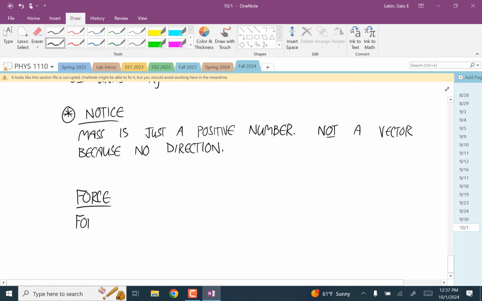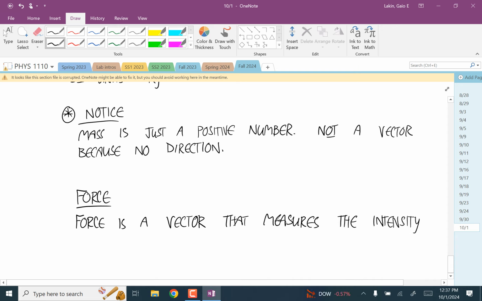And force is a vector that measures the intensity and the direction of a push or a pull.